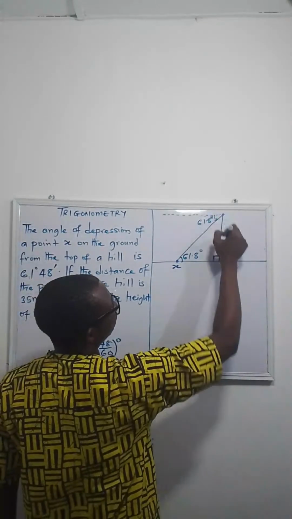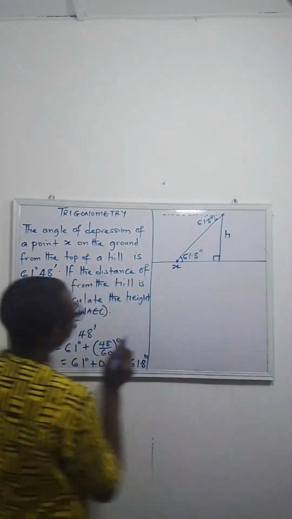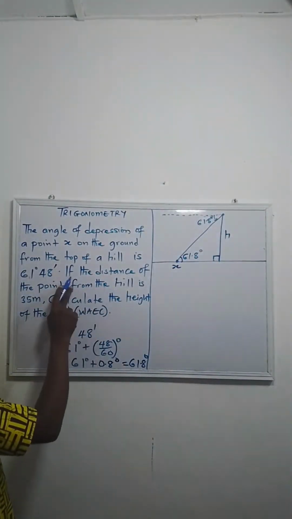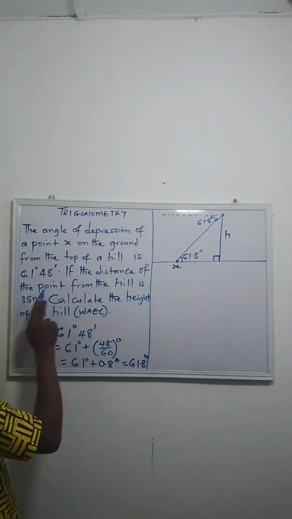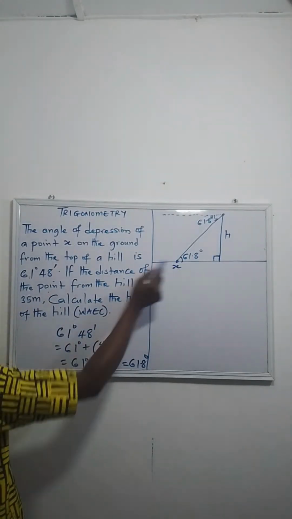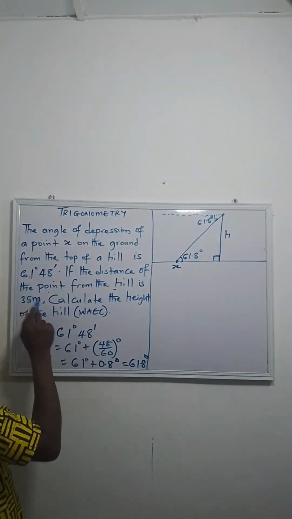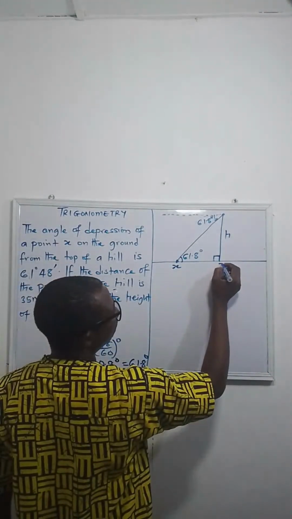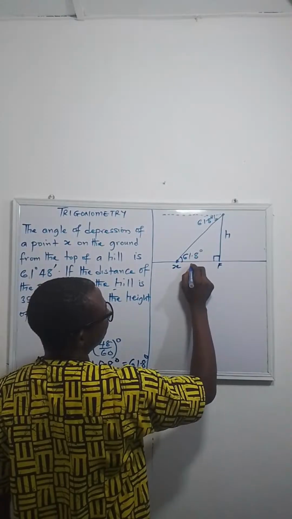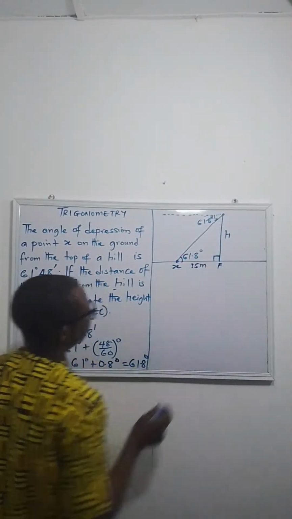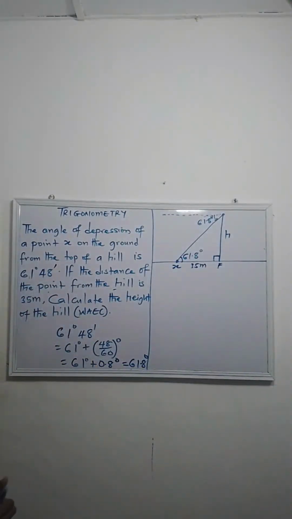This is the height of the hill. But the question says the distance of this point from the hill is 35 meters. So the distance between this and this is 35 meters. You have to calculate the height of the hill.